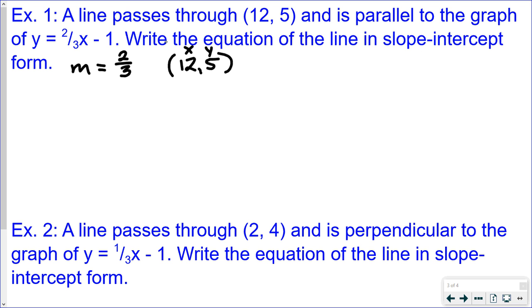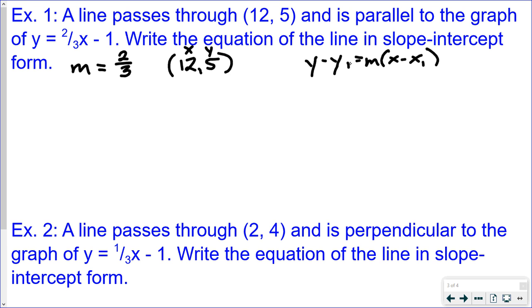So a point and a slope, your brain should be screaming point-slope form. y - y1 = m(x - x1). This is the form you want to use if you have a point (x1, y1) and a slope.